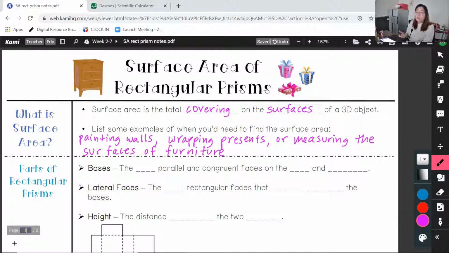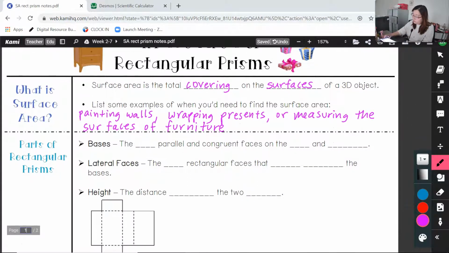And maybe you have other ideas too, but those are some 3 really common times you would need surface area.